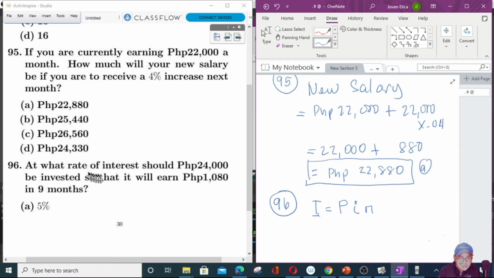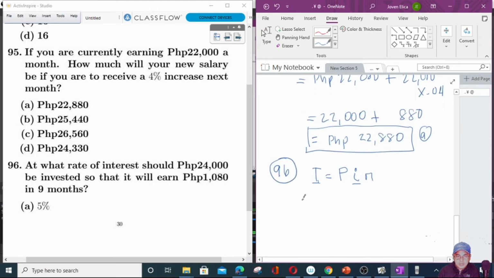So since we are asked to find the rate of interest, 24,000 should be invested so that it will earn 1,008. So 1,008 here is your I. So your I is equal to 1,008. Your P is definitely 24,000. That is the present worth.